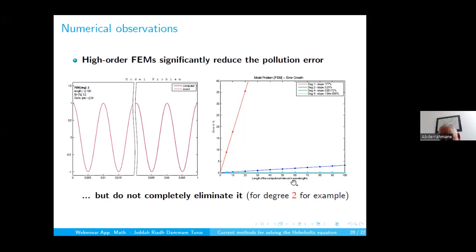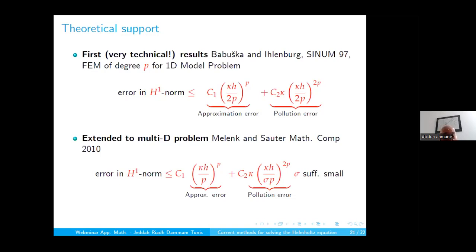For degree 1, the error grows without limit, and for degree 2 it grows but more moderately, and for even larger degrees, for instance 4 and 6, the pollution error is completely rubbed out.